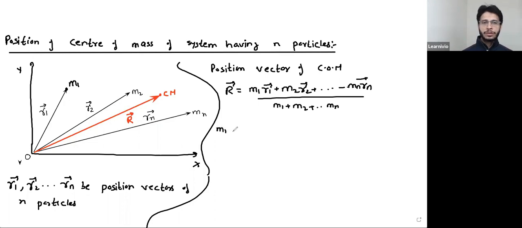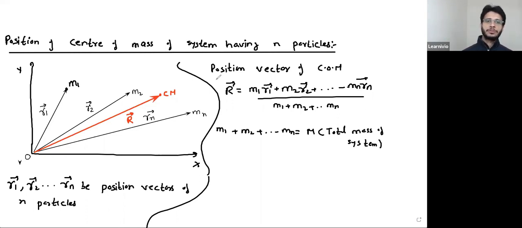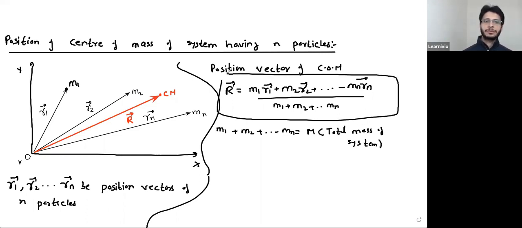Now this m1 plus m2 up to mn is basically capital M, which is the total mass of the system. So this is the position of center of mass.